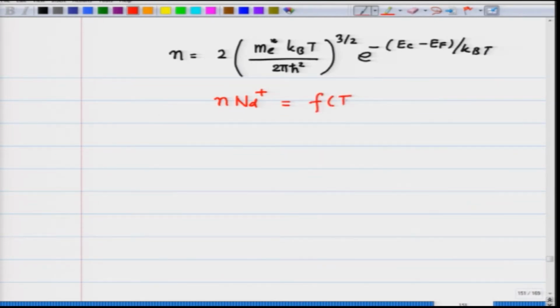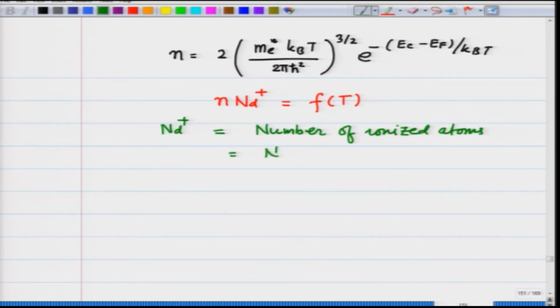of temperature alone by the law of mass action, where N_D+ is equal to the number of ionized atoms, which is equal to the number of holes.